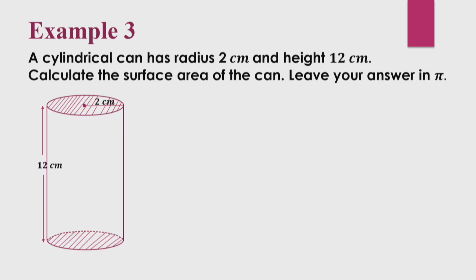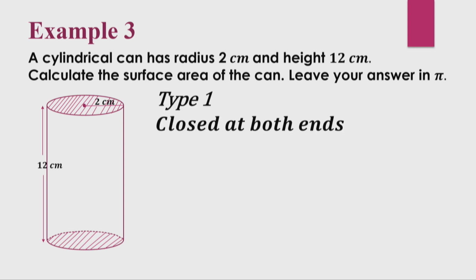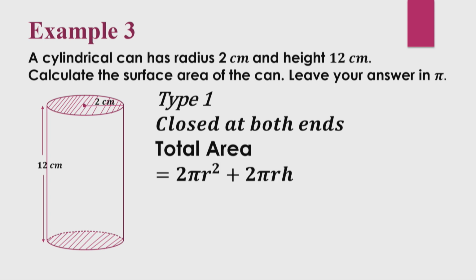Example 3. A cylindrical can has radius 2 centimeters and height 12 centimeters. Calculate the surface area of the can. Leave your answer in pi. Type 1. Closed at both ends. The total area is equal to 2 pi r square plus 2 pi r h.